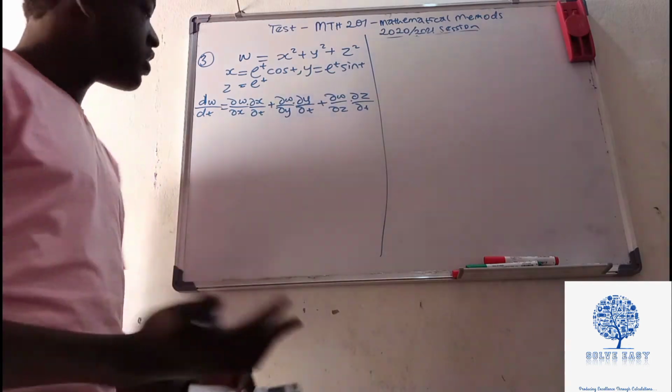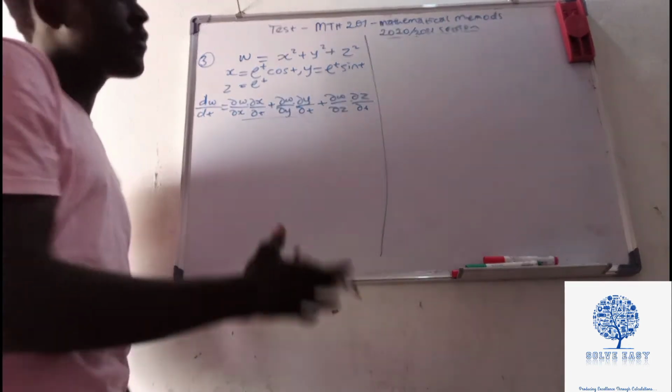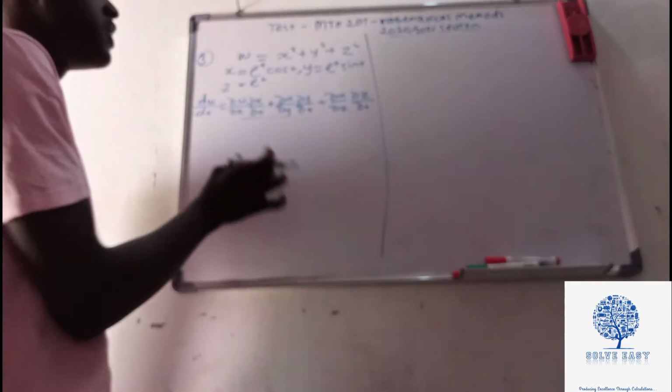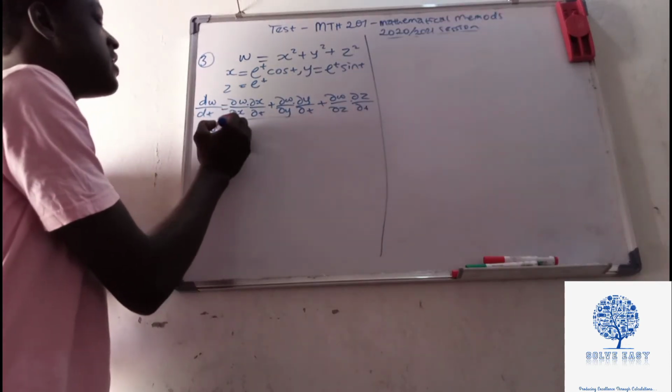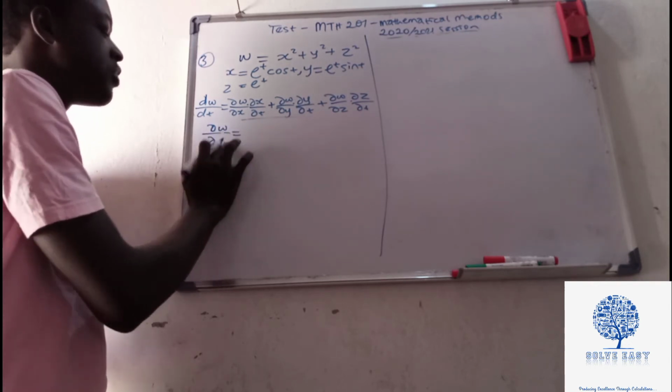Now, finding dw/dt using this formula, first thing first, we need to get each of these derivatives one after the other.